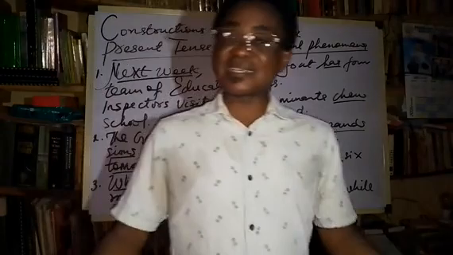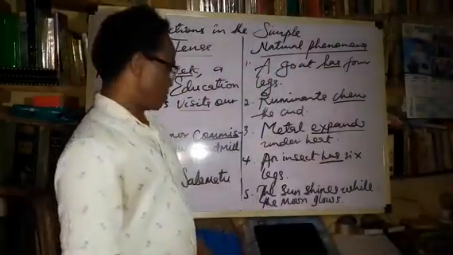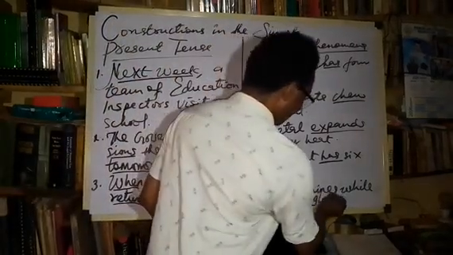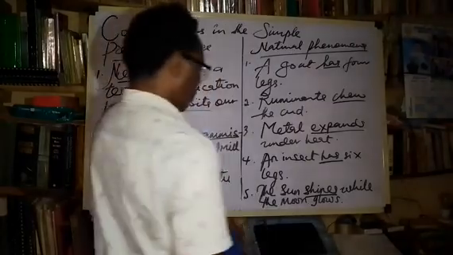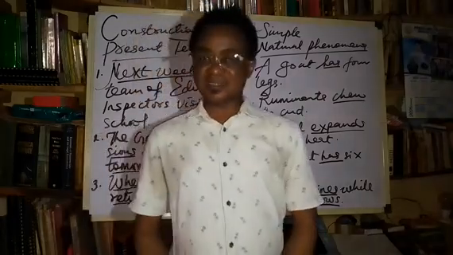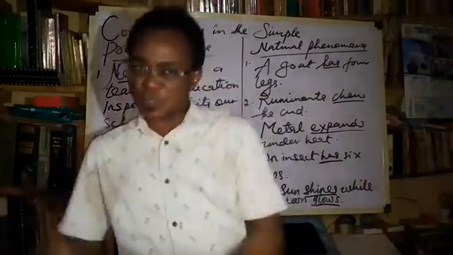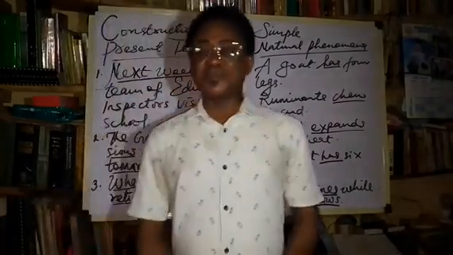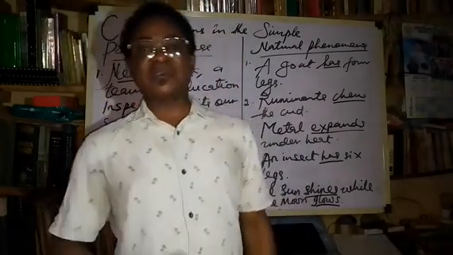Insects are born with 6 legs, not 1 or 2. 5. The sun shines while the moon glows. These actions, shines and glows, are associated with the sun and the moon. They are natural phenomena.